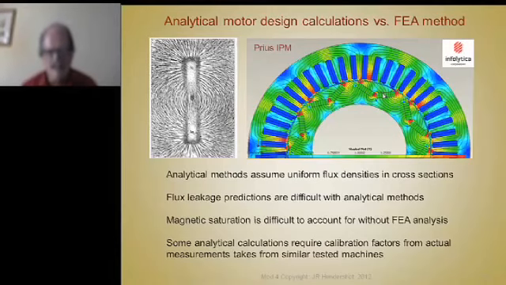But in the teeth, I would take the cross-sectional area of the teeth, probably use the average, right in the middle, multiply that by the number of teeth per pole, and divide the total lines of flux from the magnets by the total cross-sectional area, so I'd get an average flux density of all these teeth in a pole, you see?